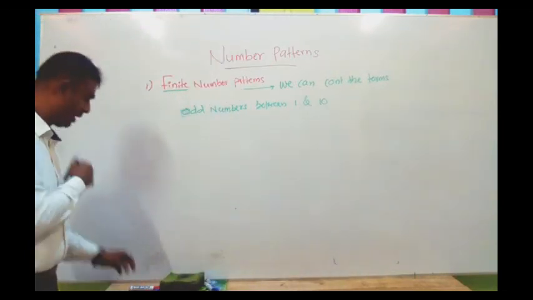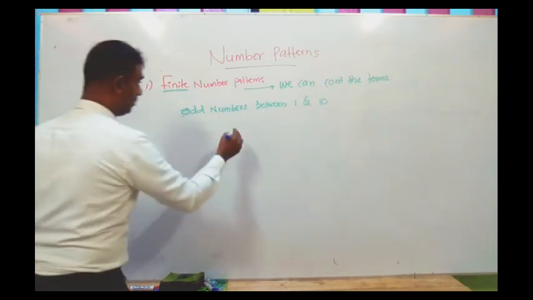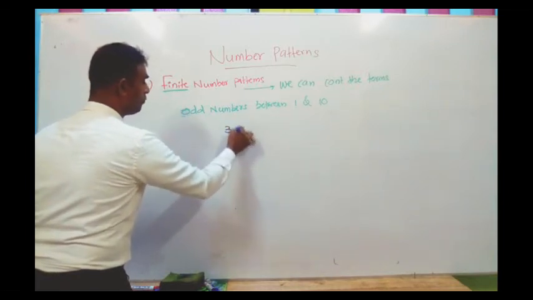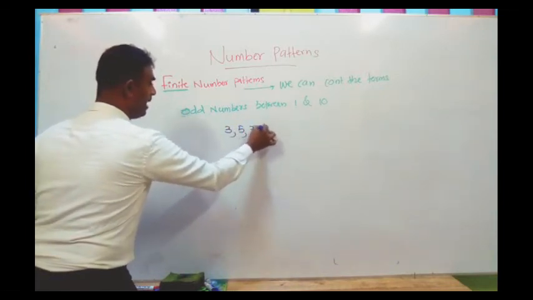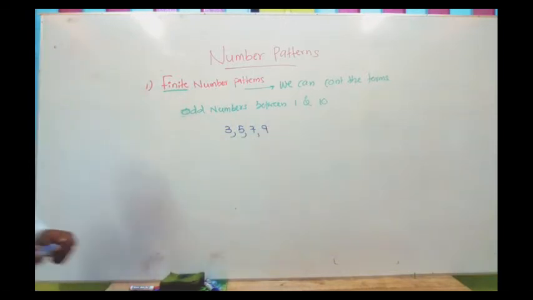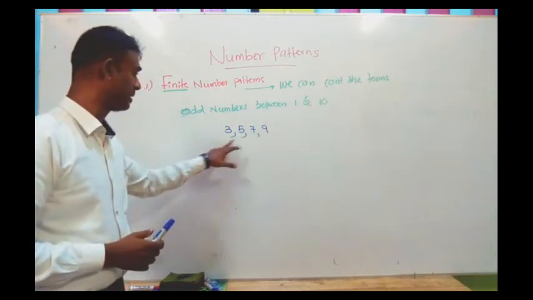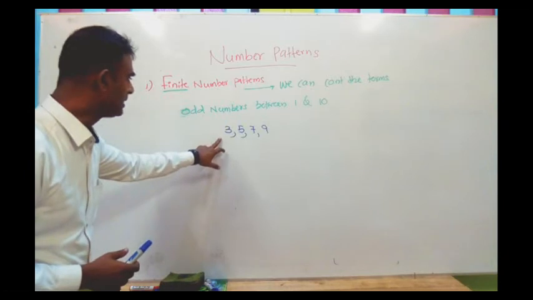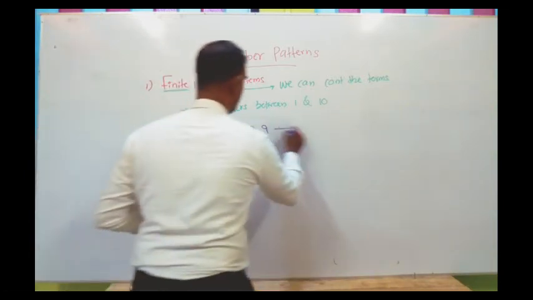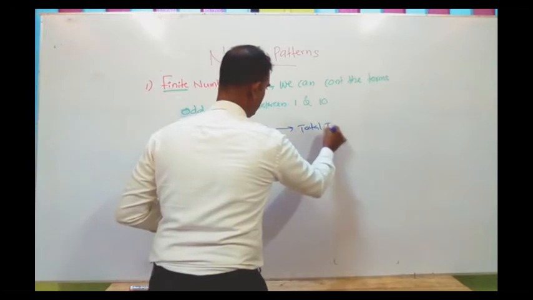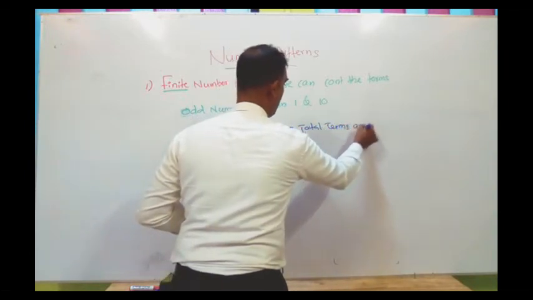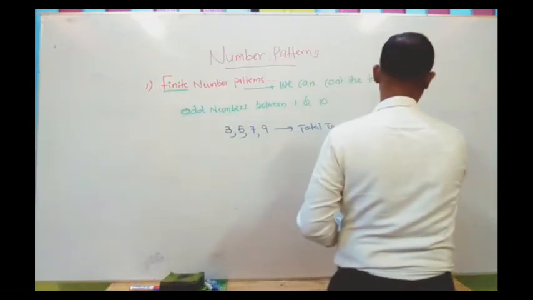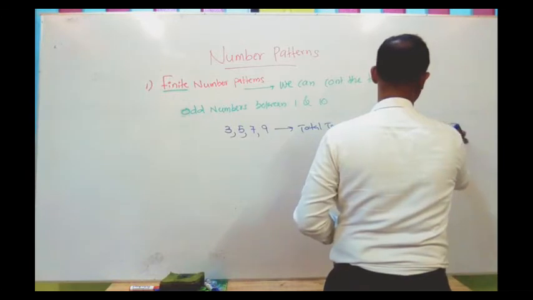Therefore, 3, 5, 7 and 9 are the numbers in the number pattern. These are the terms: first term, second term, third term, fourth term. Now see here, the total number of terms is 4. It's countable.